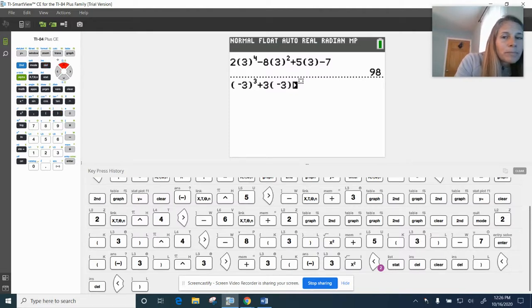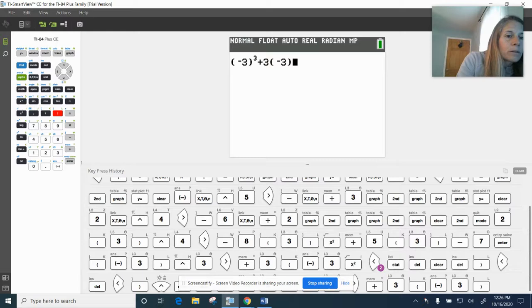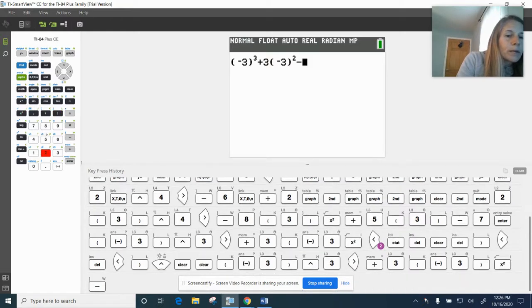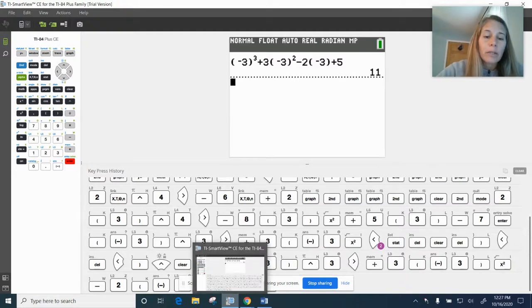All right, this problem does not like me right now. Okay, so I'm just going to clear this out and start over. Okay, so negative 3 to the 3rd power plus 3 times negative 3 to the 2nd power minus 2 times negative 3 and then plus 5. And there's the 11.